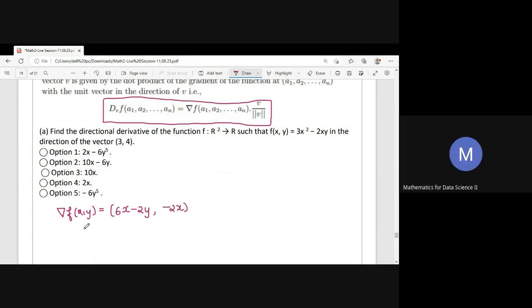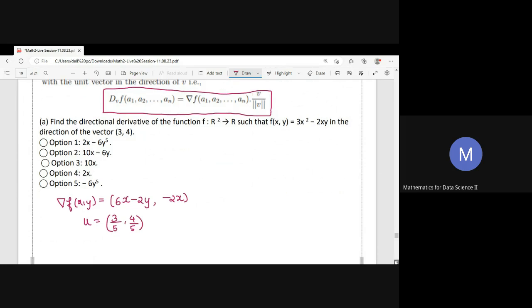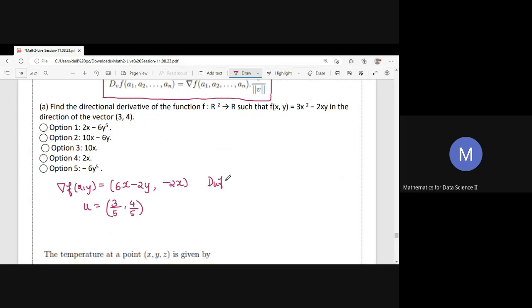And what is the unit vector u? 3 by 5, 4 by 5. Okay. Now what is your directional derivative Duf of x comma y? You have to do the dot product. So what will you get? 18x minus 6y by 5, minus 8x, whole divided by 5. What is the answer?